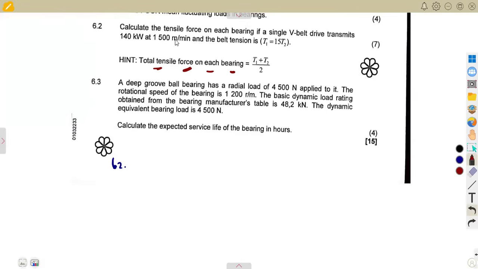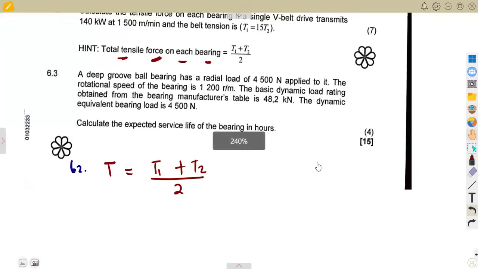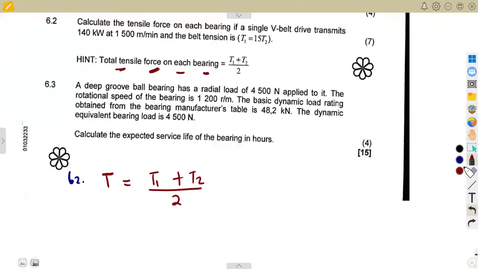We are supposed to calculate the tensile force, which I'm just going to call T. We are given the formula for that, T1 plus T2 over 2. The tricky part is you're supposed to calculate T1 and T2 from the tight side and slack side. The number of V belts is a single V belt, so N is 1.